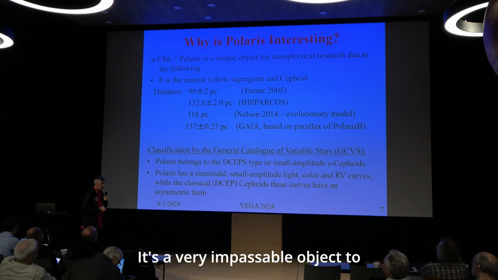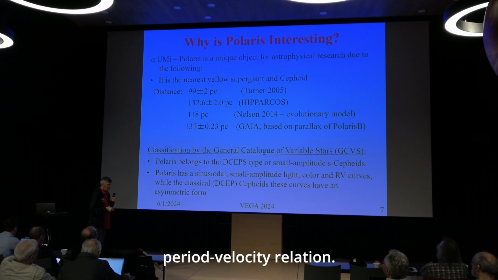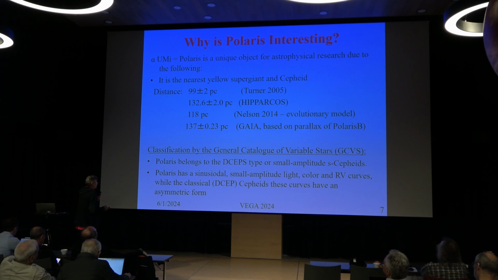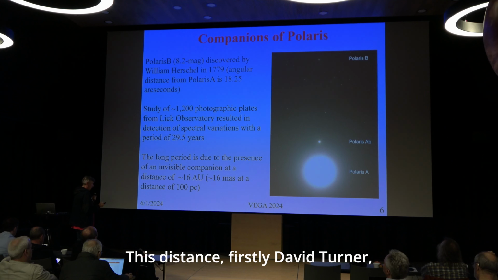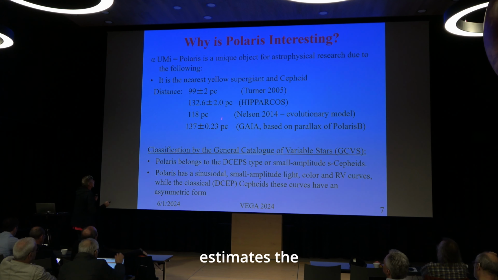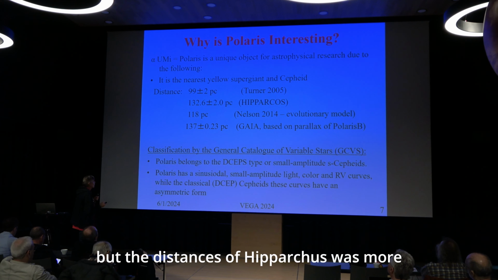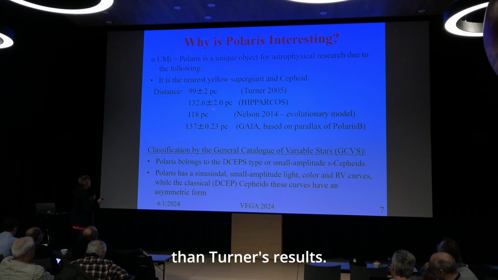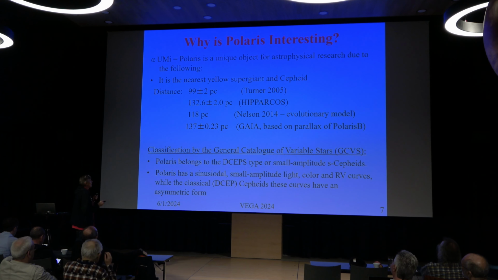It is an ideal object to calibrate the so-called period-luminosity relation. As for the distance, David Turner estimated it near 100 parsecs, but the Hipparcos distance was larger than Turner's result.